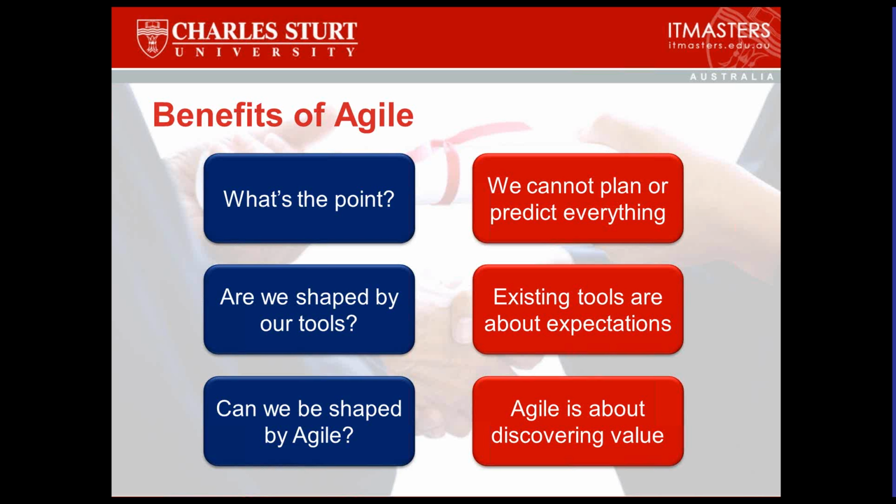But that doesn't mean you don't have any planning up front. It doesn't mean you've got no idea. It doesn't mean you start with nothing. You start with a clear vision. And we're going to talk about some examples next week. We'll talk a bit about Scrum. What might you have in terms of documentation before you kick off a Scrum project? It might only be a handful of pages to begin with.